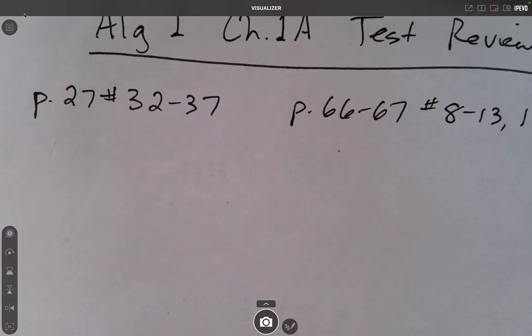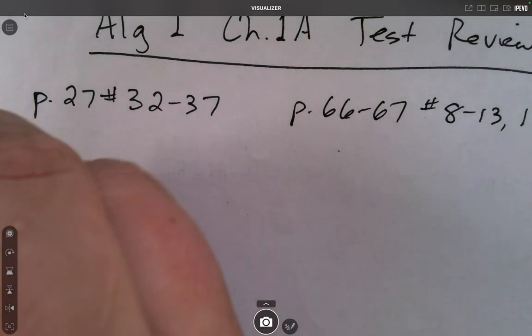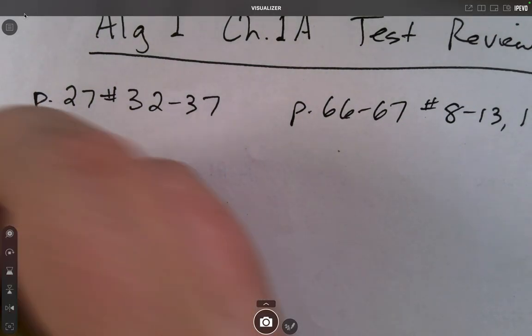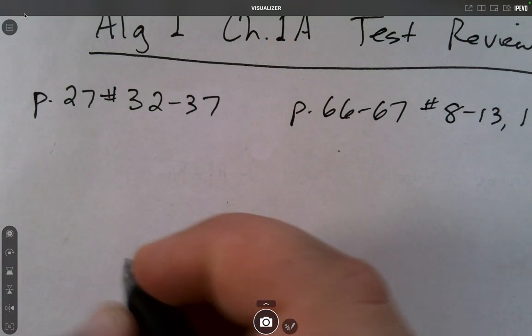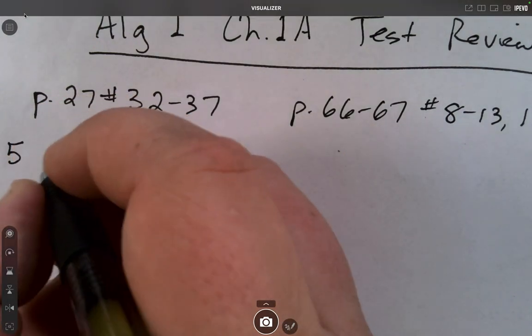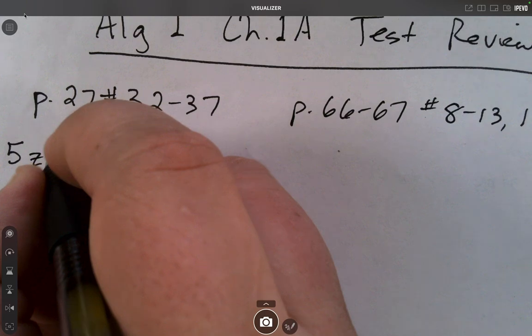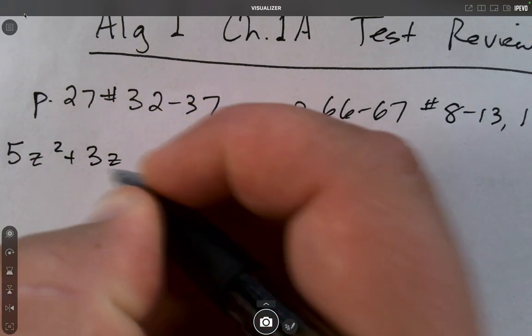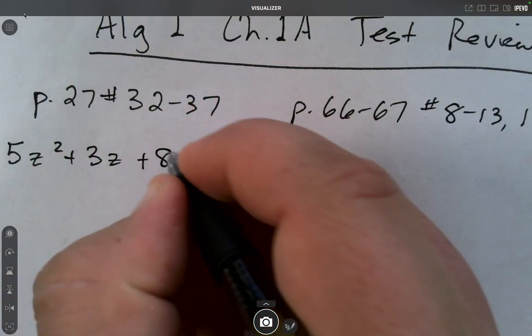So let's start on page 27, which is actually the section where we talk about the distributive property and combining like terms. So we have 5z squared plus 3z plus 8z squared.